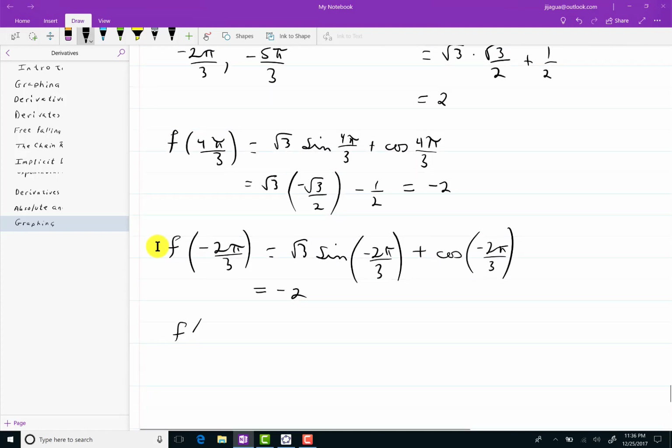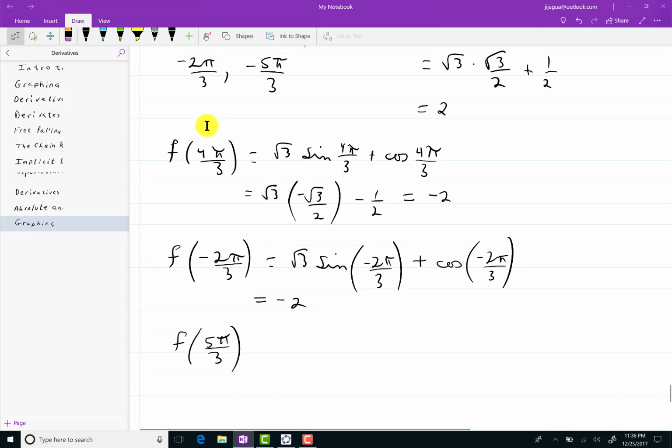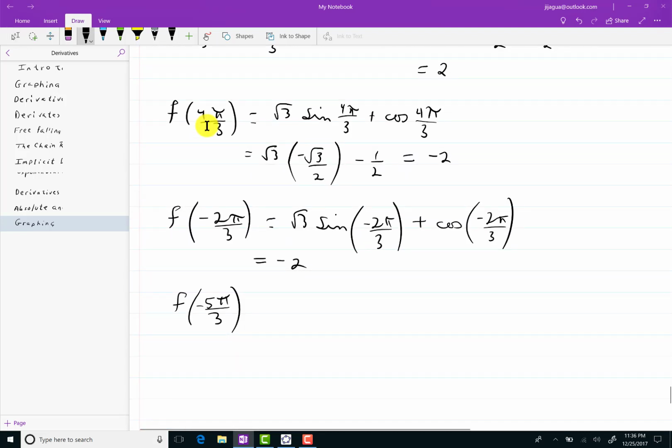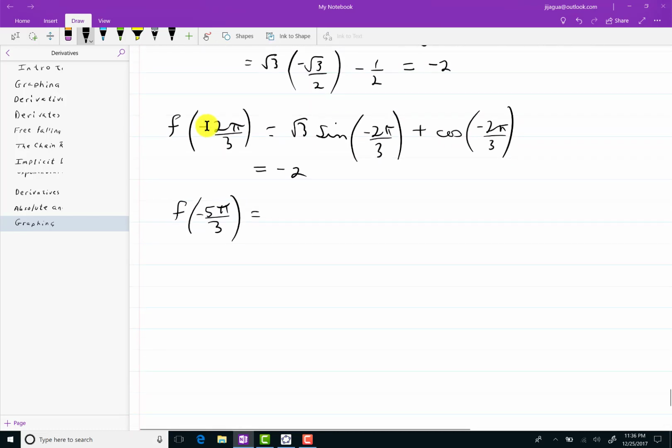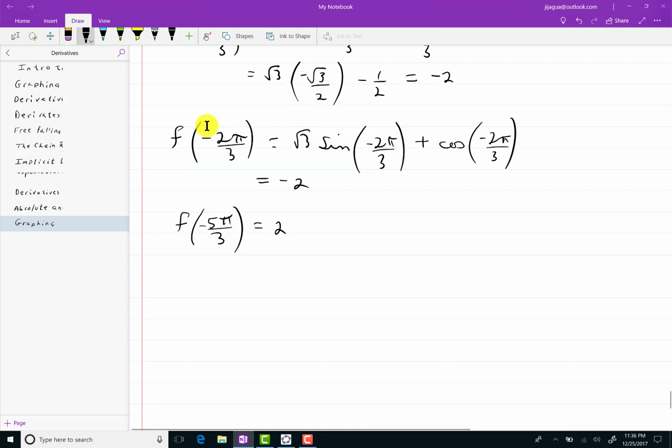F of negative 5 pi over 3 is the same as f of pi over 3, which turned out to be 2. So all of our absolute, and these actually are going to end up being absolute max values.